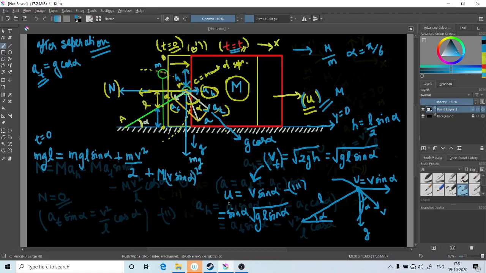V sine alpha, from here this is equivalent to mu square by 2, the kinetic energy.